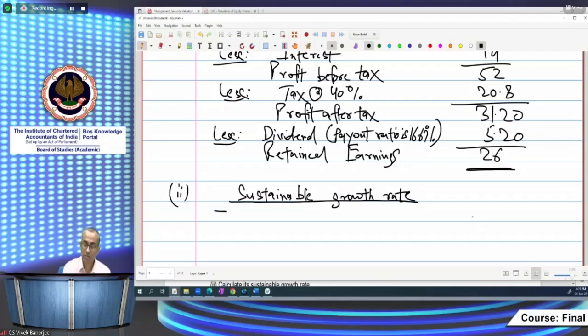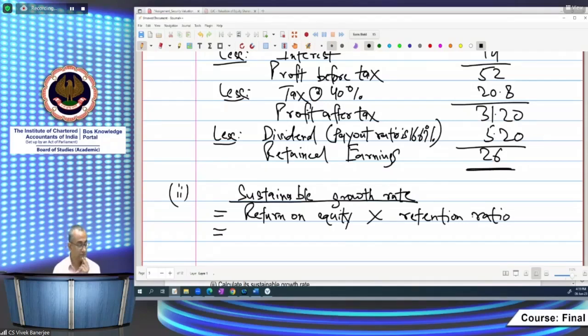So the growth rate can be calculated by way of return on equity multiplied by the retention ratio.